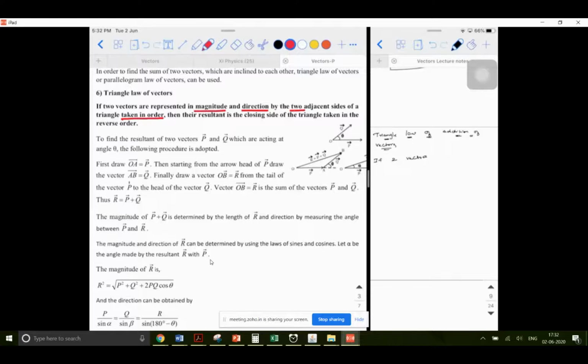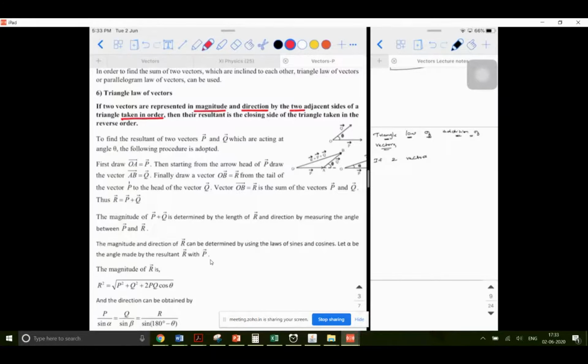If they are represented in magnitude and direction by the two adjacent sides of a triangle taken in order, then their resultant is the closing side of the triangle taken in the reverse order. Have this in your mind.